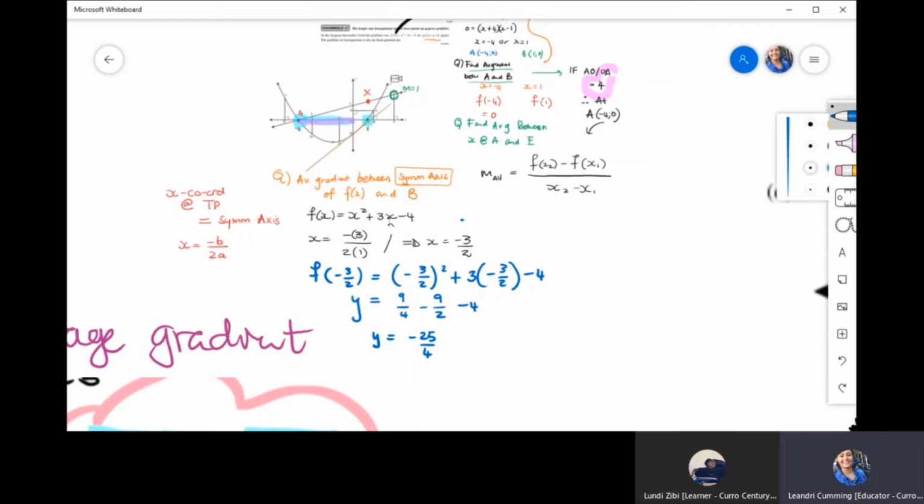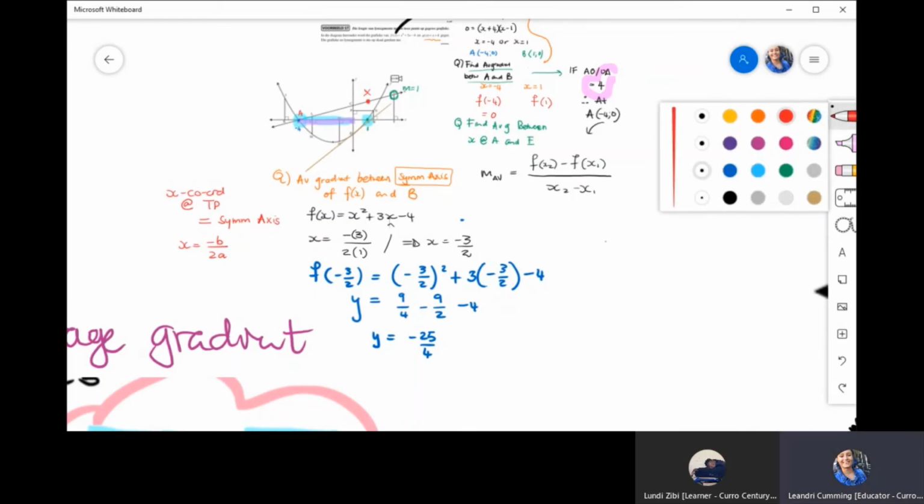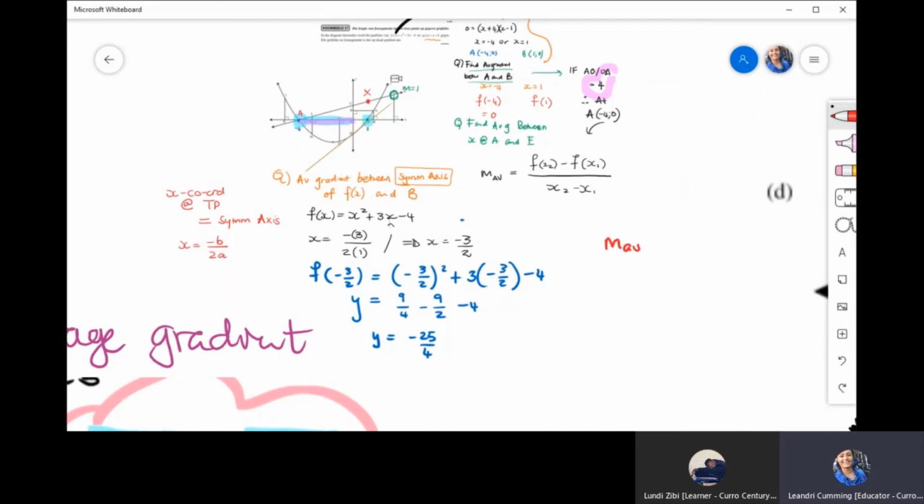So we see here our average gradient will occur between f of, what is my second coordinate, the coordinate at B, which I've already worked out, f of 1, minus f of where x is -3/2, because it's set between the symmetry axes, over 1 minus -3/2.